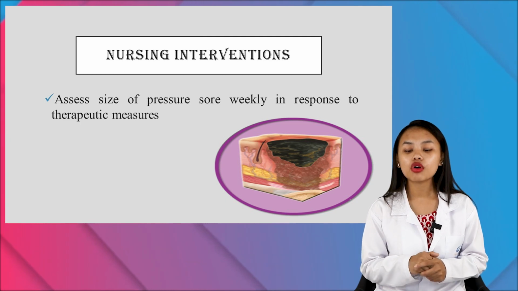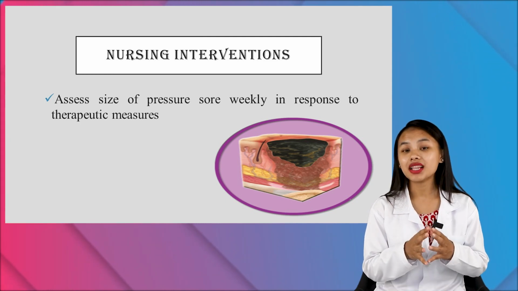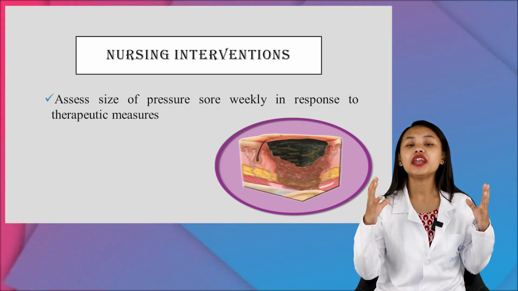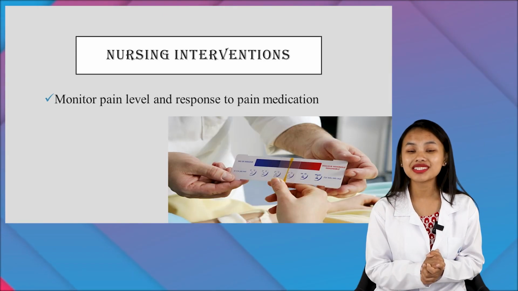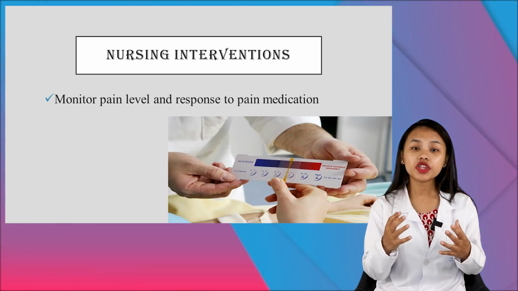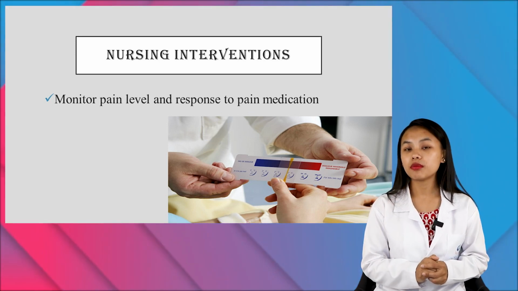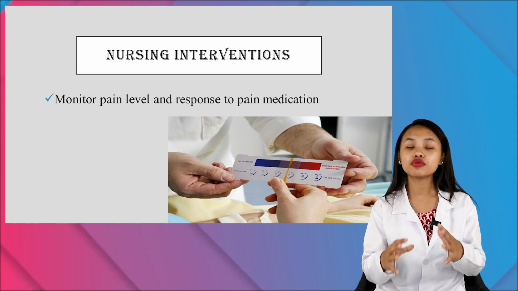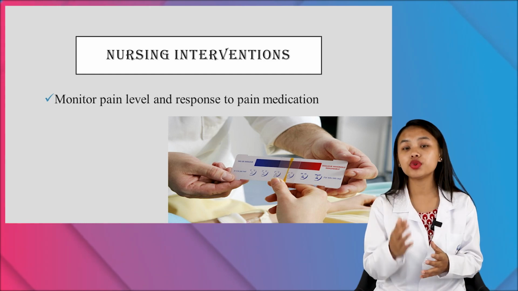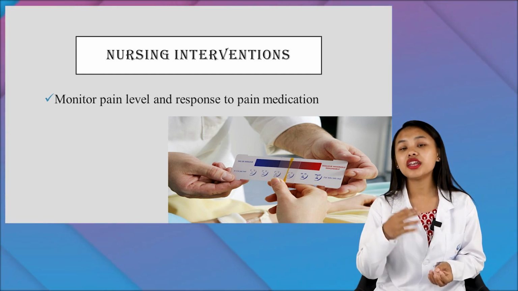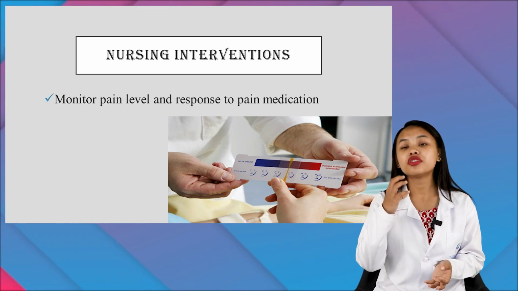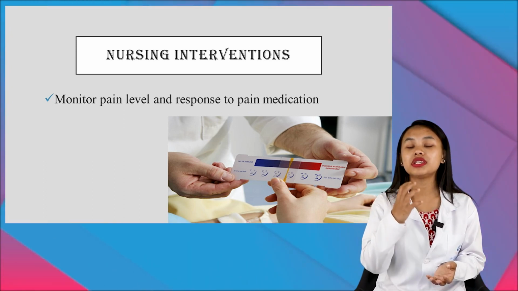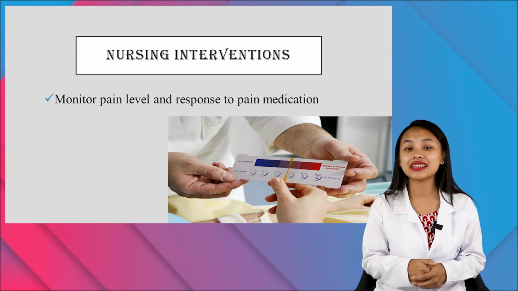Here, we must also document the larger diameter and not just the surface diameter of the pressure sore, and we must also document the greatest depth because it is only through the depth that we will get an idea in which stage this pressure sore or decubitus ulcer is in.